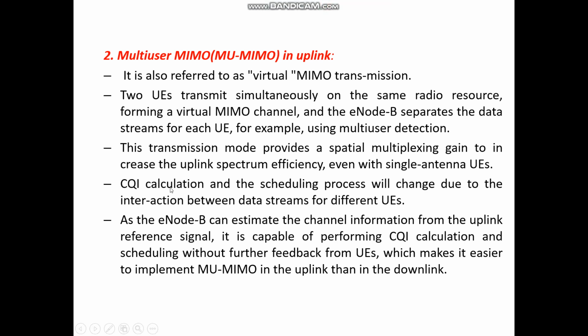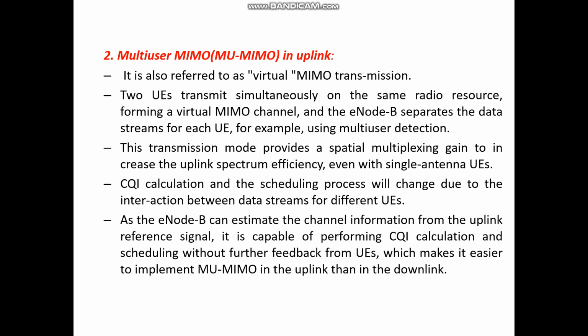CQI calculation and the scheduling process will change due to the interaction between data streams for different user equipments. As the eNode B can estimate the channel information from the uplink reference signal, it is capable of performing channel quality indication calculation and scheduling without further feedback from the user equipments, which makes it easier to implement multiple user, multiple input, multiple output in the uplink than in the downlink.